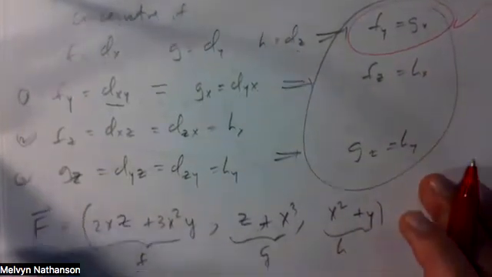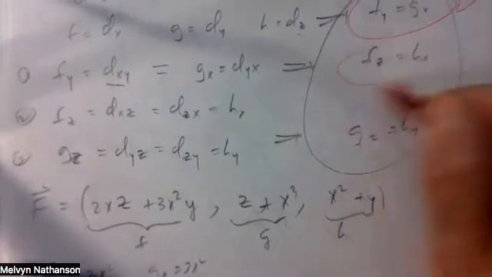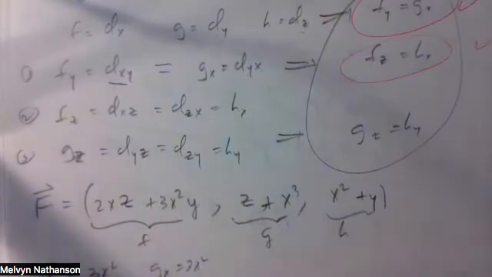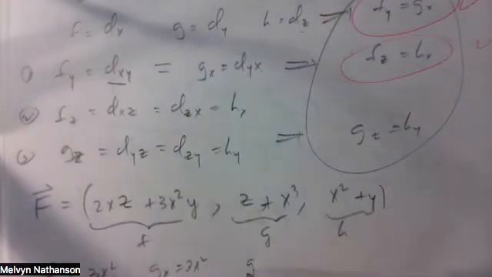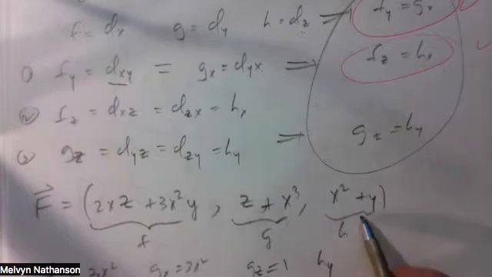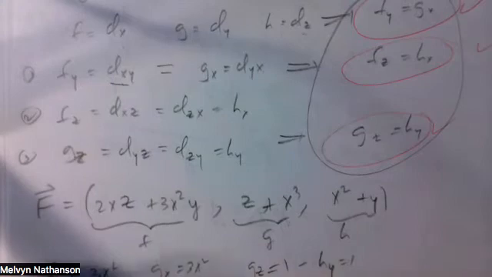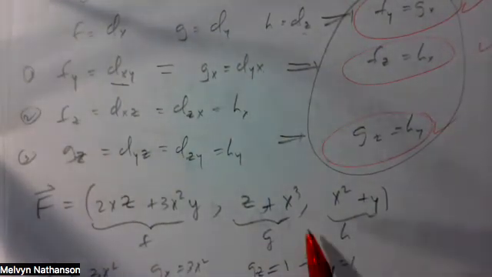So this first condition is satisfied. The partial of f with respect to z equals the partial of h with respect to x. So this condition is satisfied. Suppose I take the partial of g with respect to z, that's 1. Suppose I take the partial of h with respect to y, that's also 1. So the partial of g with respect to z equals the partial of h with respect to y. So this third condition is satisfied. So this is a conservative vector field.